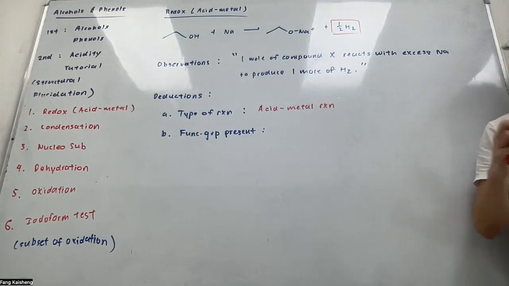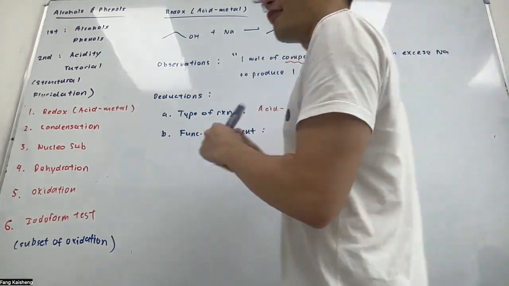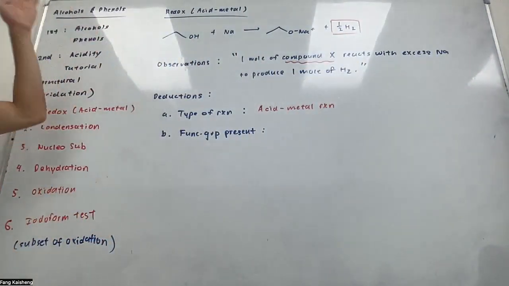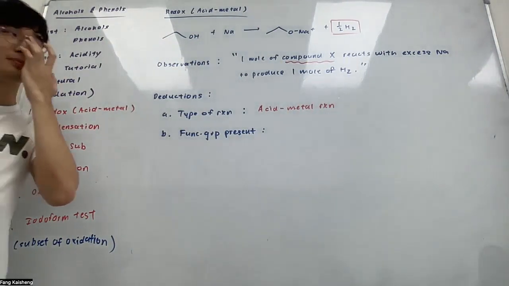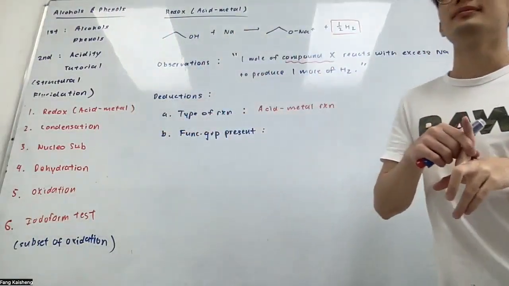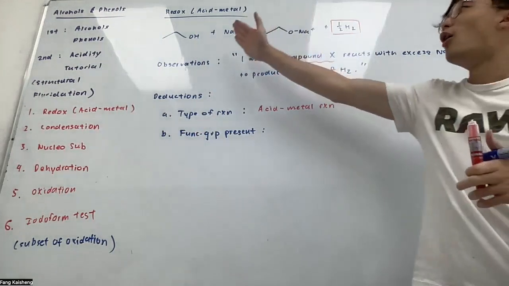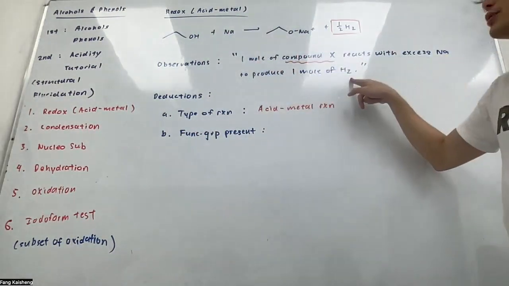Guys, what functional group is present in the unknown compound X? What does it have in order to react with sodium to produce hydrogen gas? It must have, no, not water. It must have an alcohol functional group, right? Because an alcohol can react with sodium to produce H2.